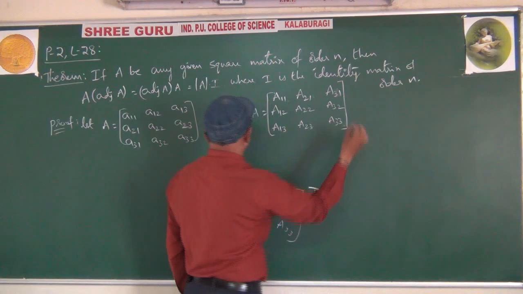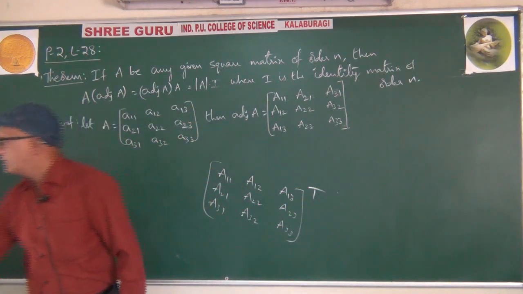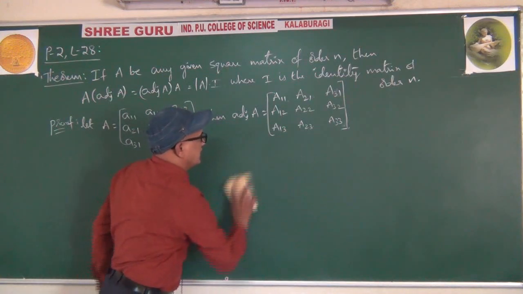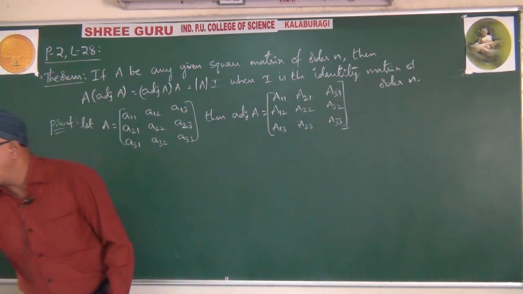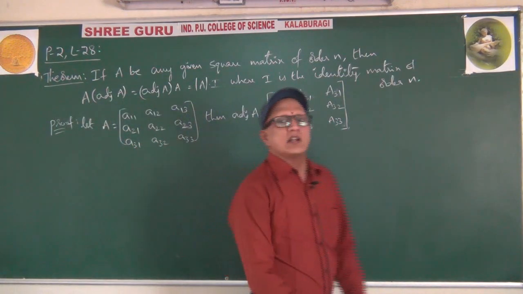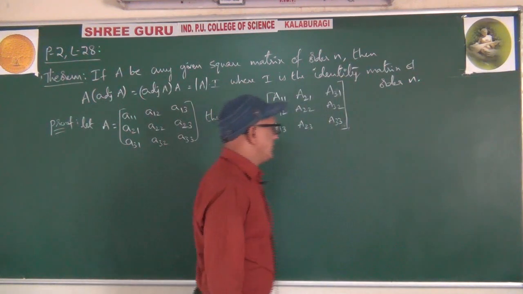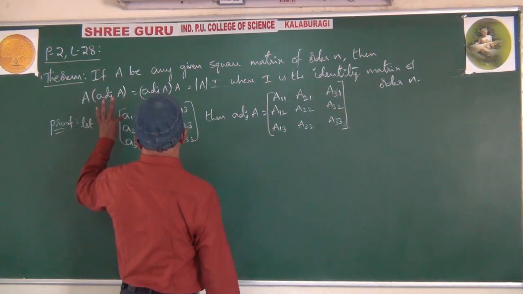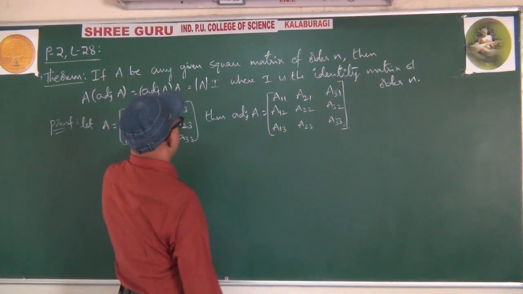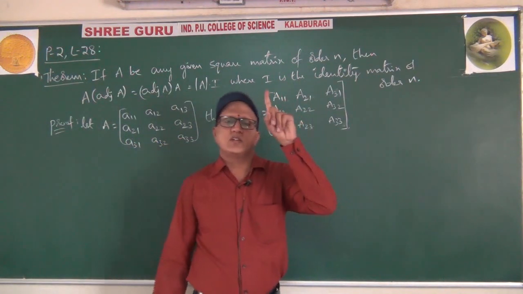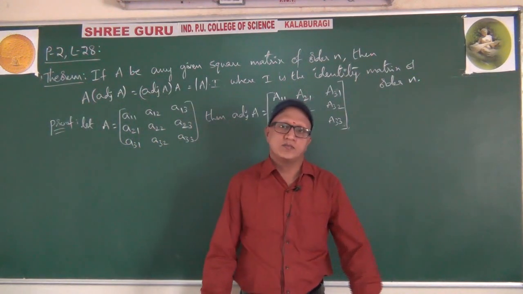This is called the adjoint of the matrix A. Directly we cannot take it; we must compulsorily take the transpose. See the definition of adjoint matrix, then you will understand more clearly.